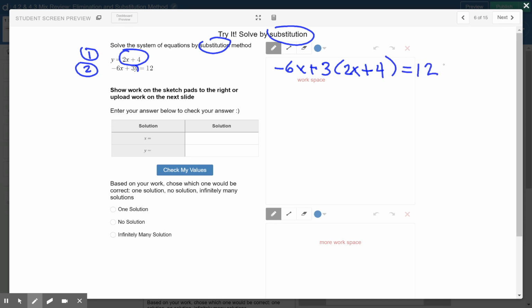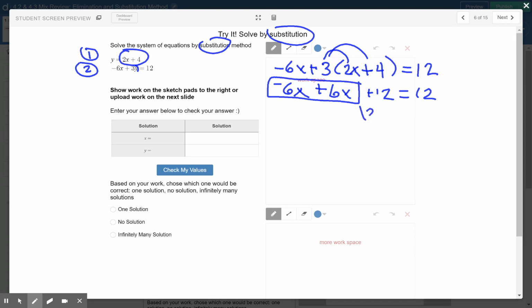Now, at this step, once you plug in the terms, you should have all the same letters. In this case, we have negative 6x, and then we'll have a positive 6x, and then we'll have 12, and then we'll have 12. Notice when we combine like terms, they are complete opposites of each other.